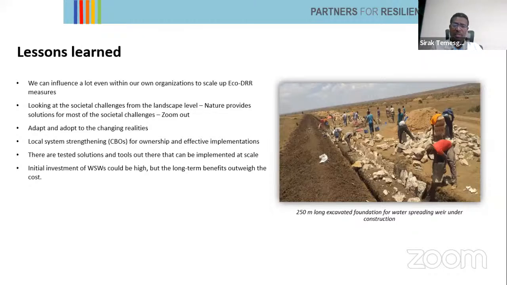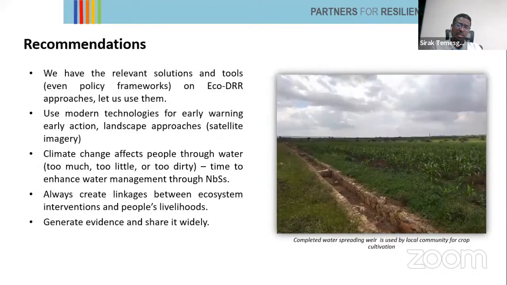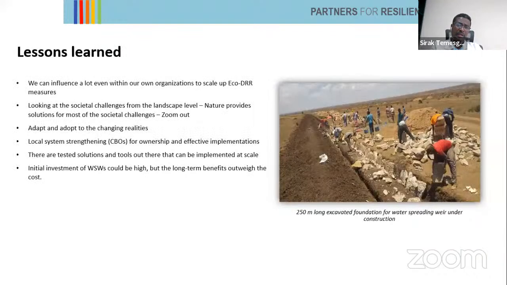The other one is, as this project also gave us, to see the societal challenge from a landscape point of view. The next one I've already mentioned. The last one, maybe, is that there are tested solutions and tools, so we don't need to really reinvent the wheel. We can already use those solutions and tools to promote nature-based solutions.